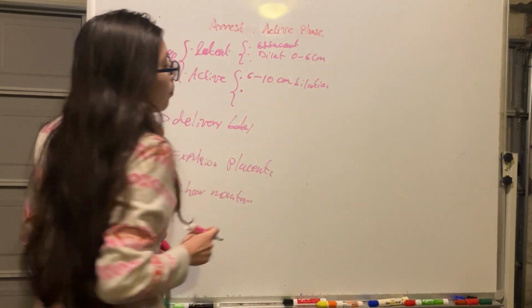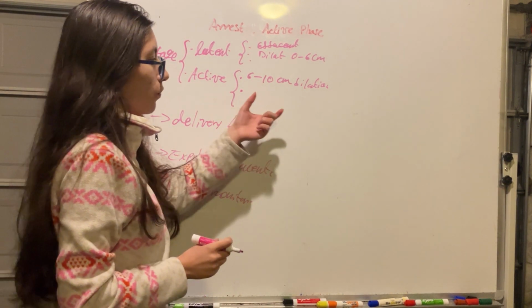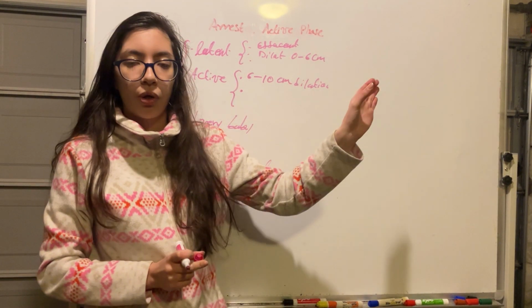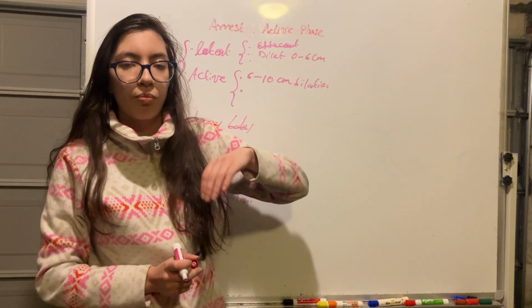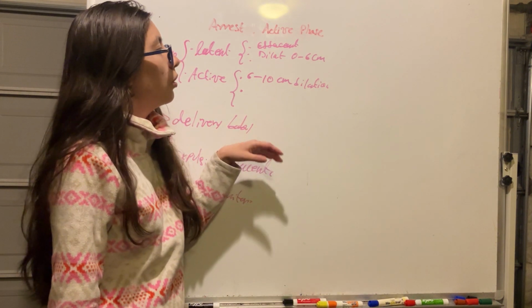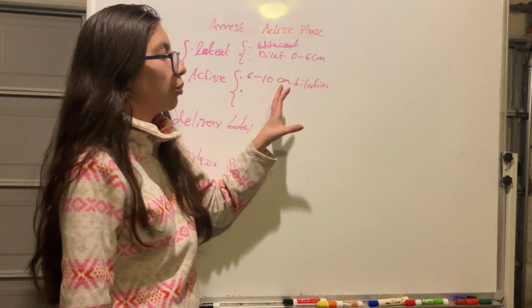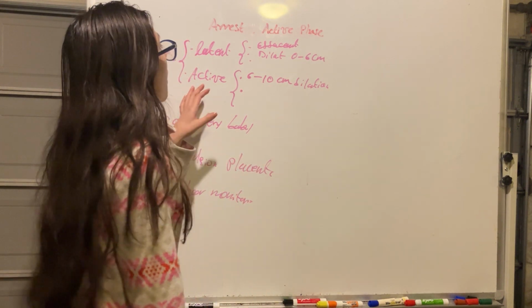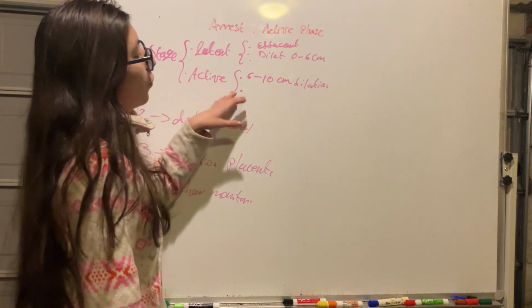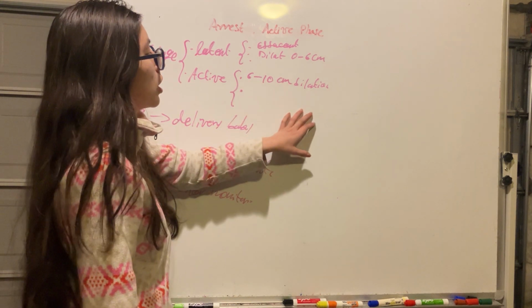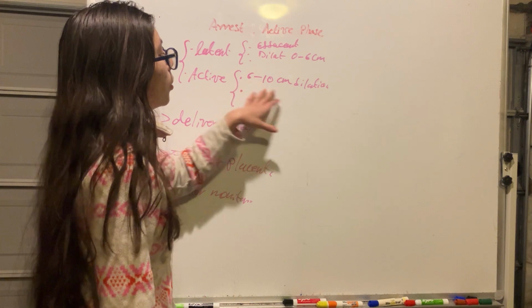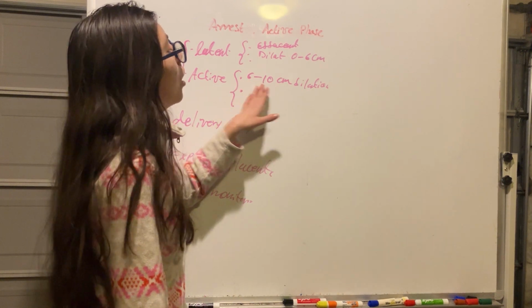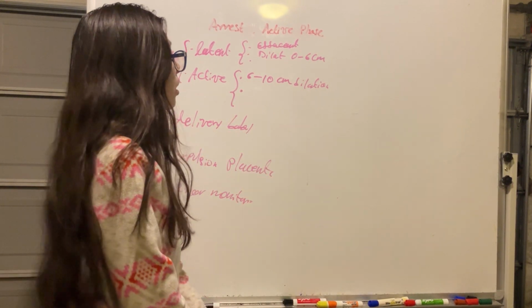And we have a specific rate at which the dilation occurs, which I am not going to mention in this video because it's going to get confused with the next abnormality that we are going to see in the next video. So, important, the active phase is dilation of the cervix starting from 6 all the way to 10 centimeters.